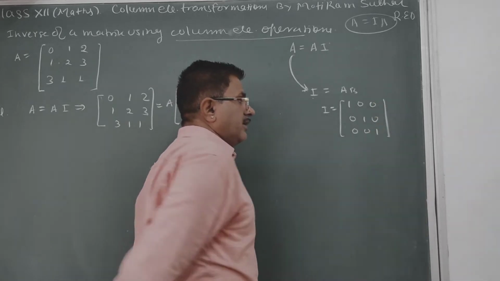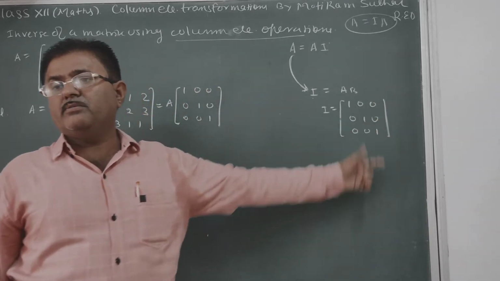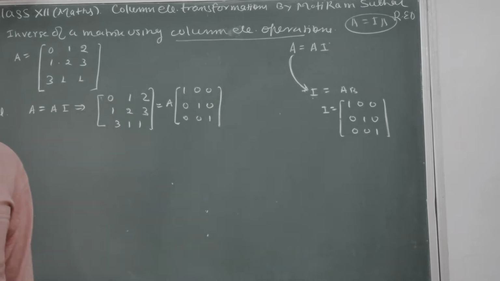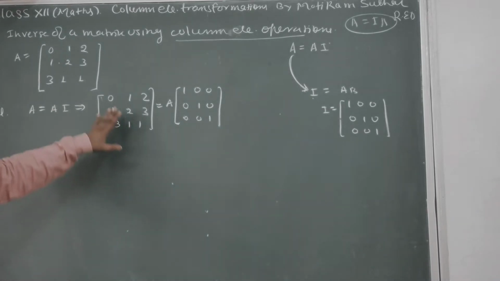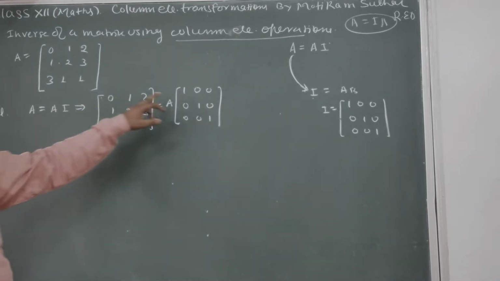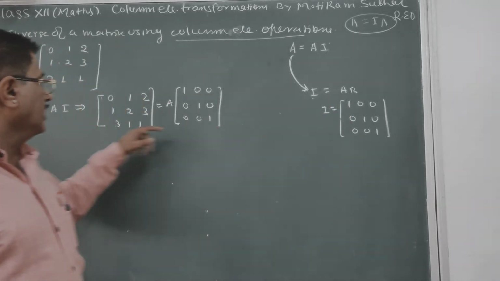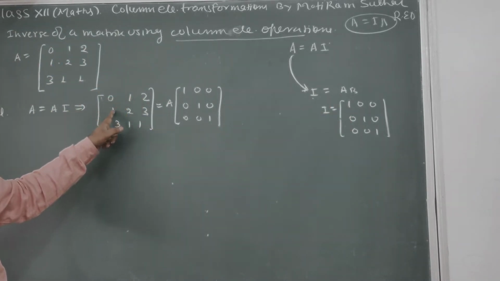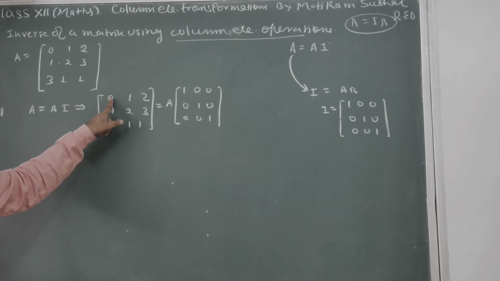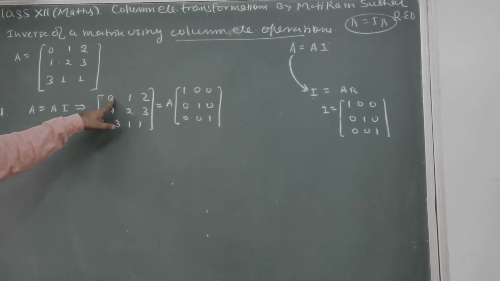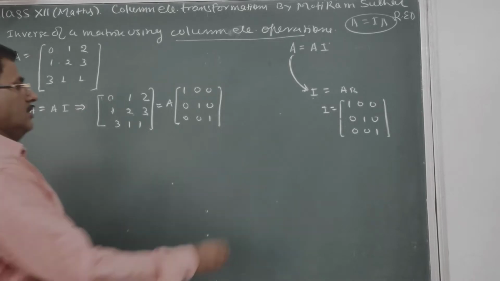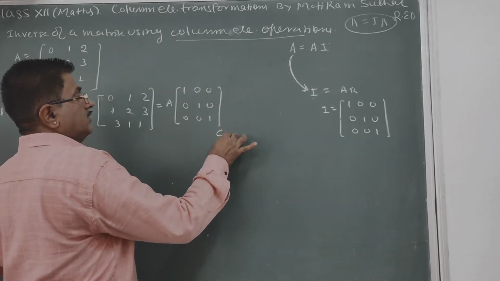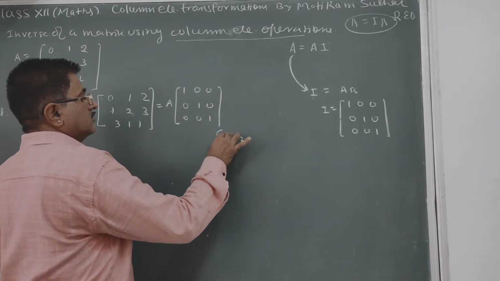So you have to bring this matrix on the left side. So for that we have to follow the rule. Here you have to bring 1 in place of 0. So we may interchange the columns. You can interchange these two columns. So this will be 1. So the first step is to interchange the columns, or you can write C1 and C2.